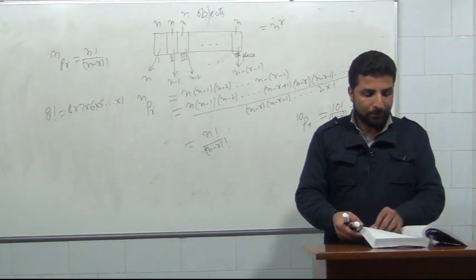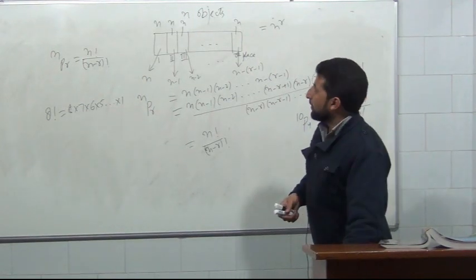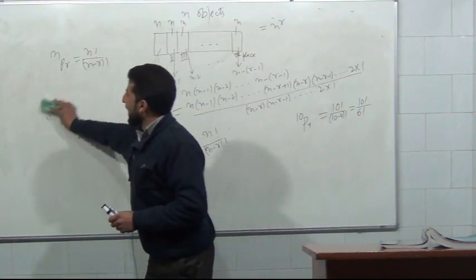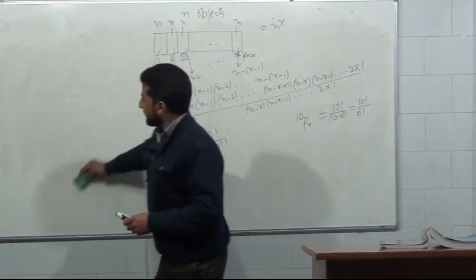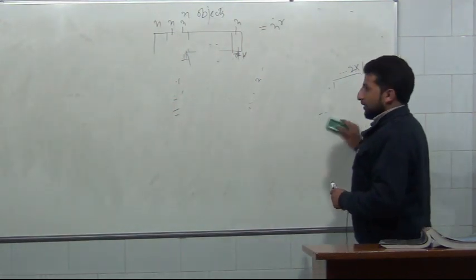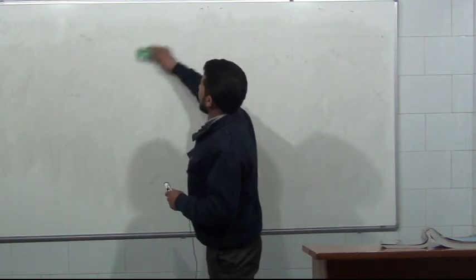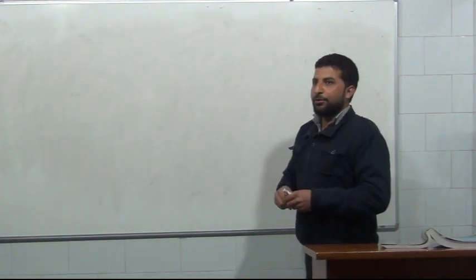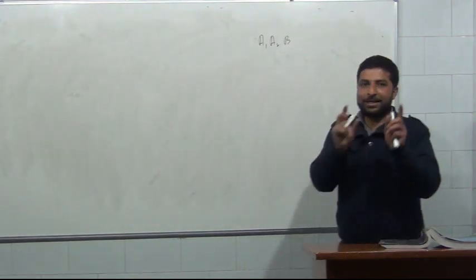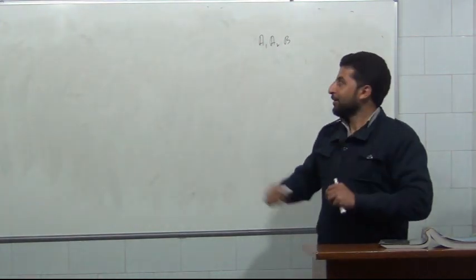Another case is if the objects you have been given have some repetition. I will make it clear to you. If you have A1, A2 and B, you have 3 alphabets and you need to construct the different words using them.